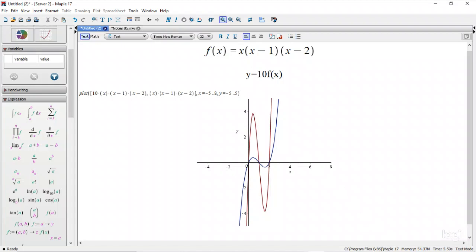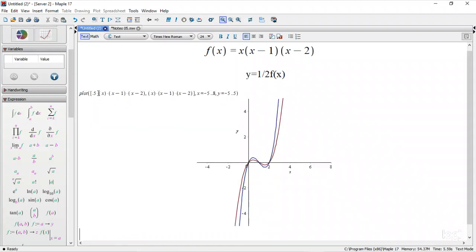And then let's discuss what will happen if this is half. Now you can see the peak maximum is half and the minimum also half. So this is along the y-axis.